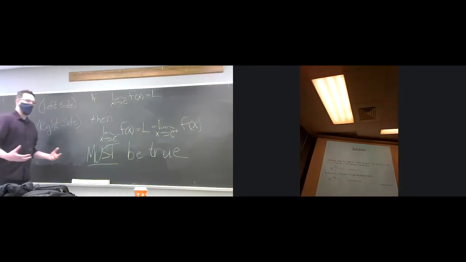Coming from the right, we're going to get close to 2. Make sense? And that's what we're saying here. Because the limit from the left and the limit from the right don't agree, the limit doesn't exist.